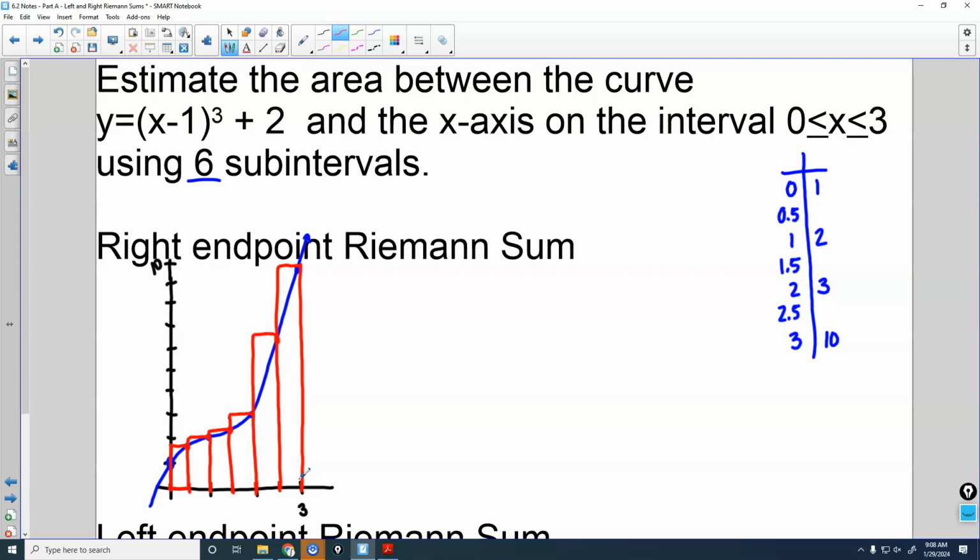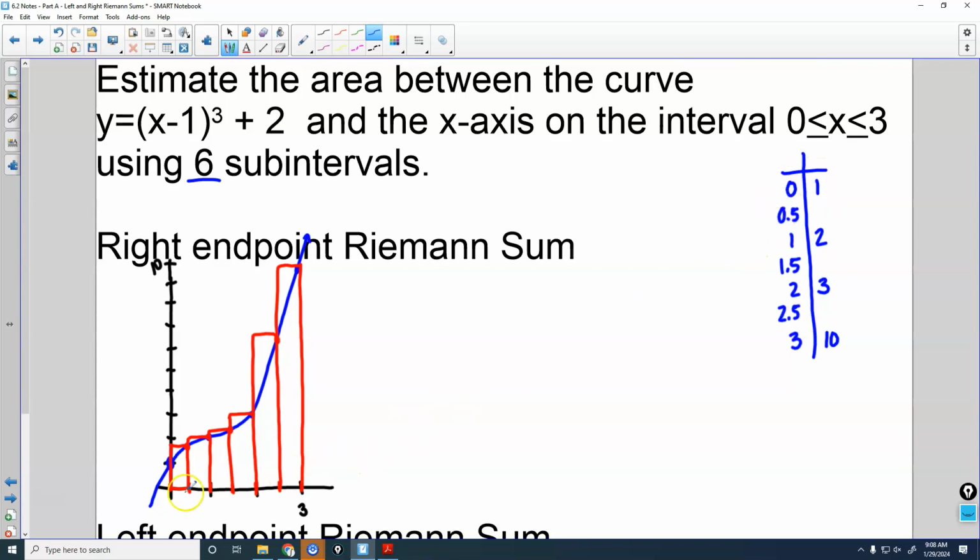So whenever I'm doing this problem, I'm going to find the width and height of each one of these rectangles, and I'm going to add all of those together. Is this going to be an overestimate or an underestimate? Over.